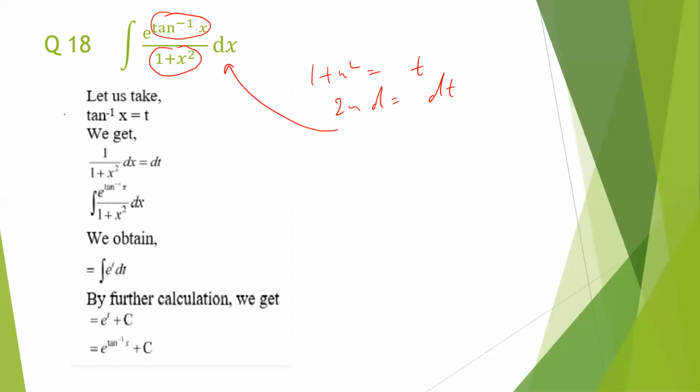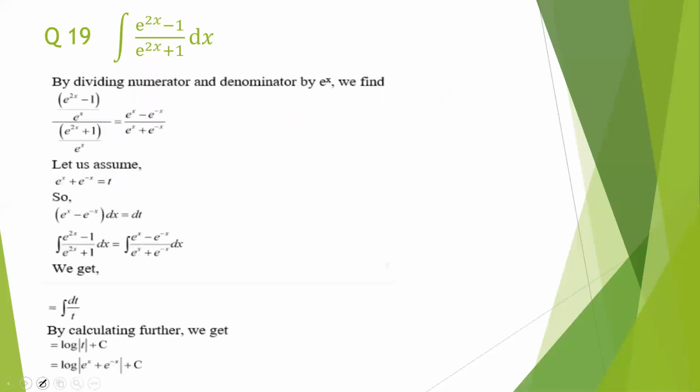Clear? So we will take tan inverse x as t, differentiate, put the value here, tan inverse x is t and dx upon 1 plus x square is dt. Integration of e power t, and this is the answer.